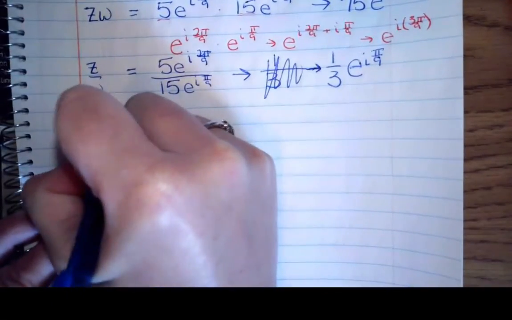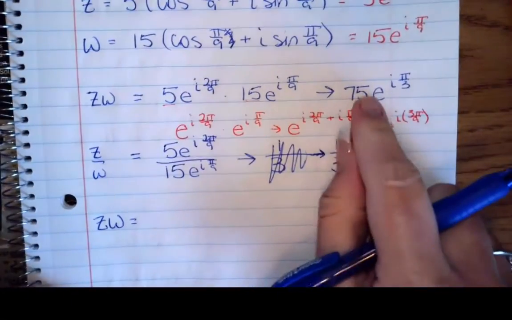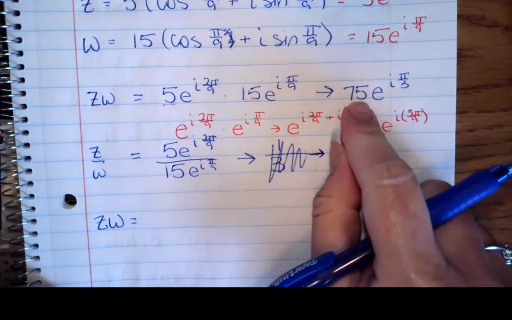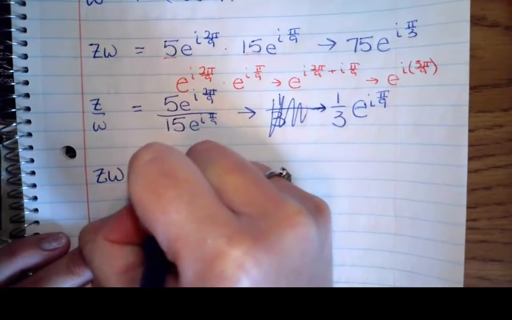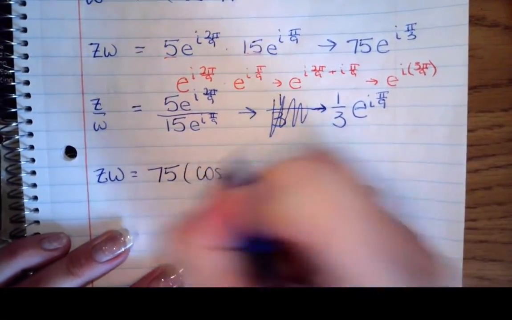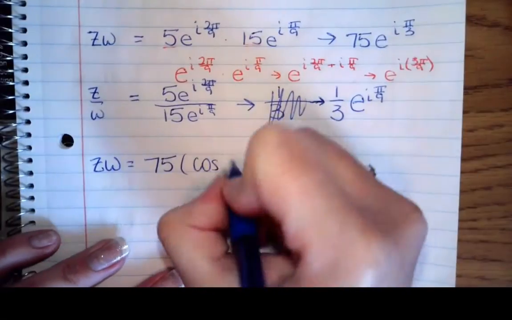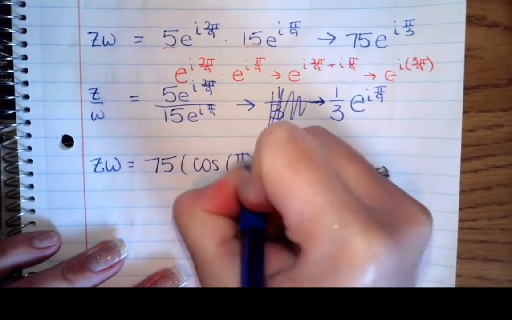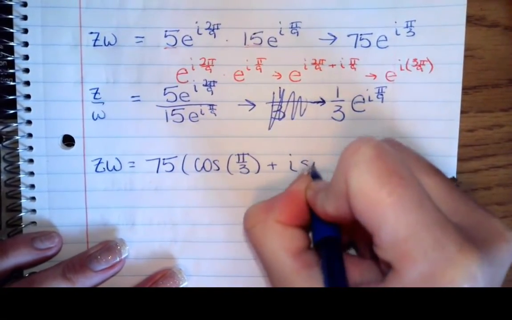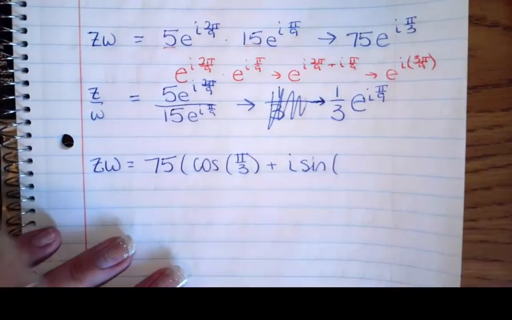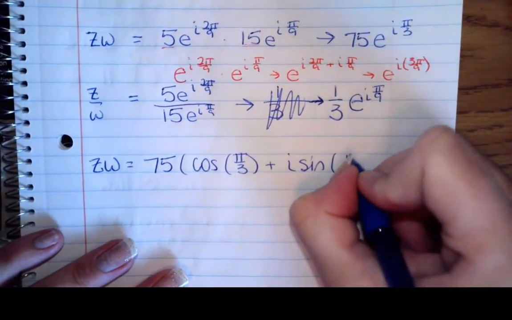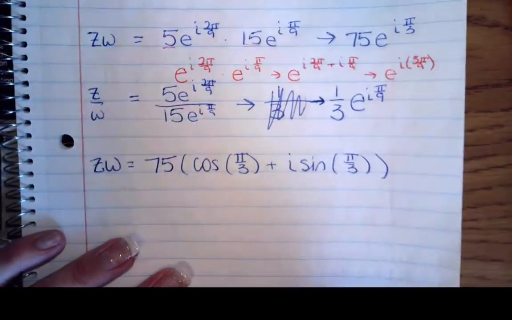So z times w in polar means I'll have a radius of 75 times the cosine of my angle. And even though it's a benchmark angle, do not simplify it from there, or you'll end up back in rectangular. So pi over 3.